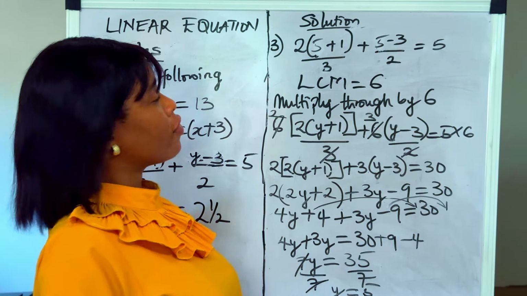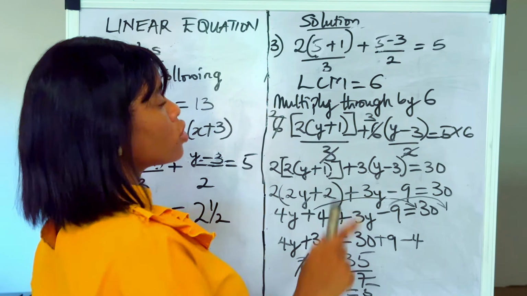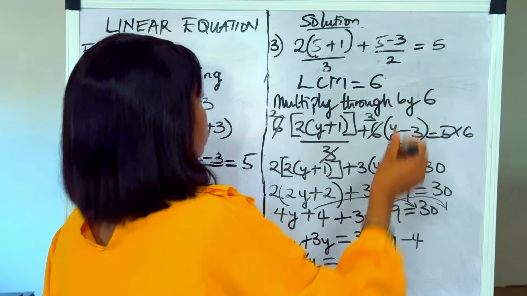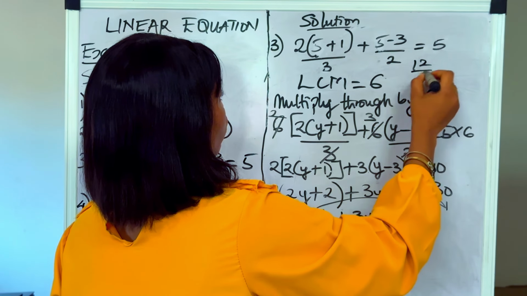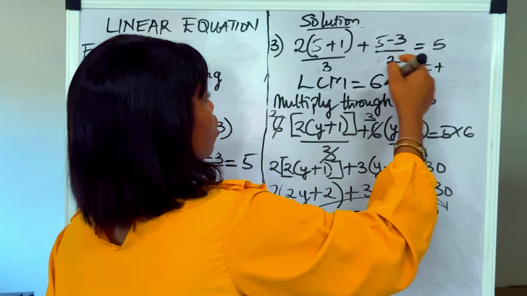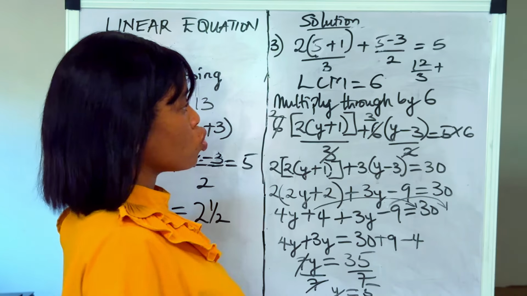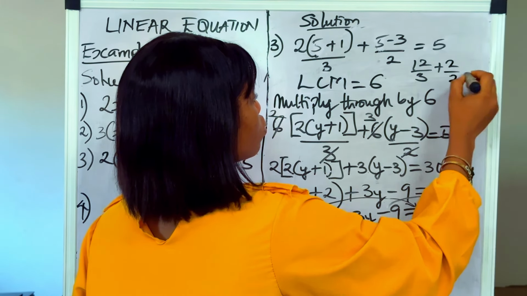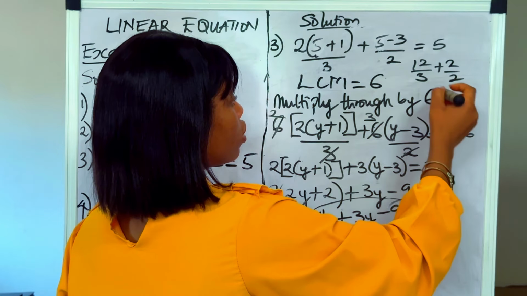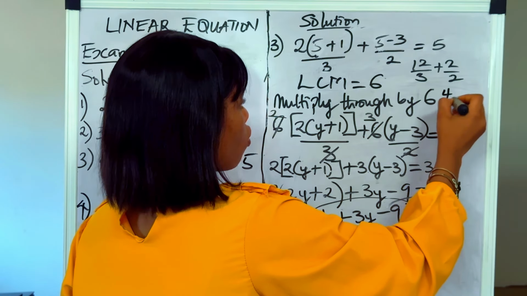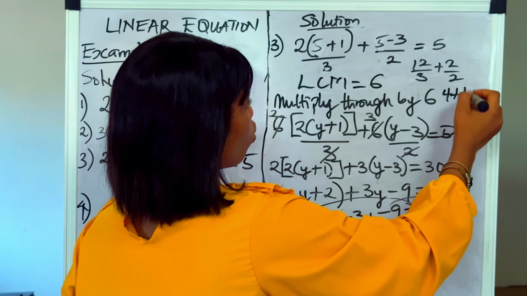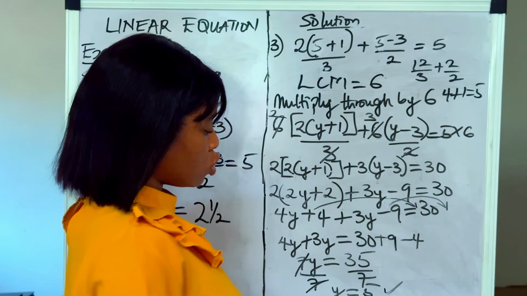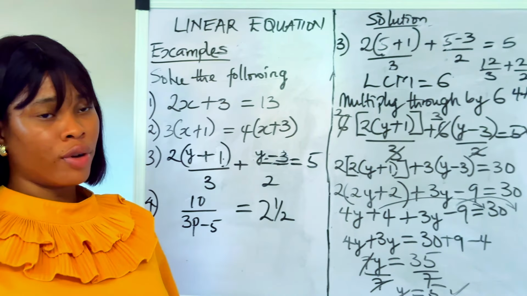So that we have 5 plus 1 is 6. 6 times 2 is 12 over 3, plus 5 minus 3 is 2, which is 2 over 2. And 12 divided by 3 is 4, plus 2 divided by 2, 1, which is equal to 5. So we can see that this solution is correct.